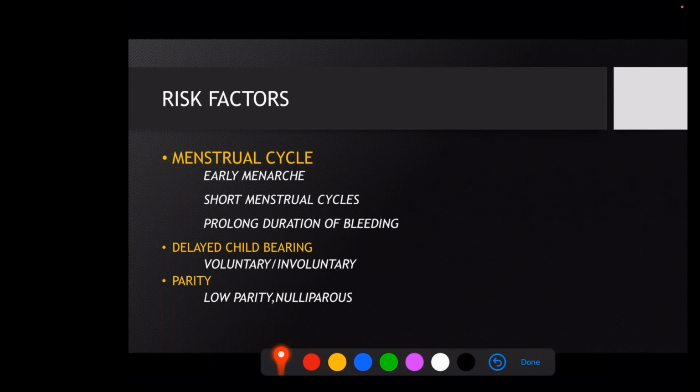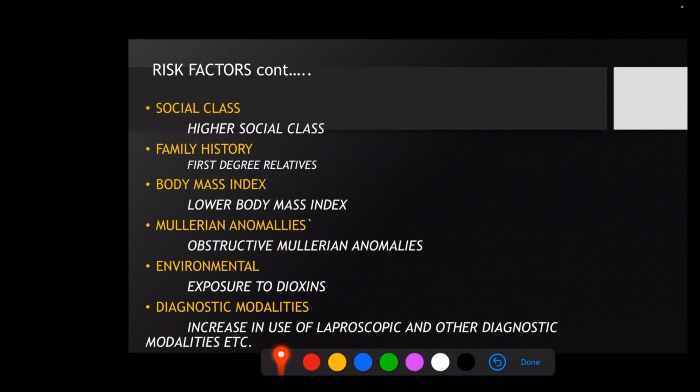Then the social class, or higher social class. There are clear national, cultural, and socio-economic differences in pathology. Anovulation and endometriosis are more common in higher social class in Western whites, Europe or USA, and rarely seen in Negroes and intermediate in Asian women.